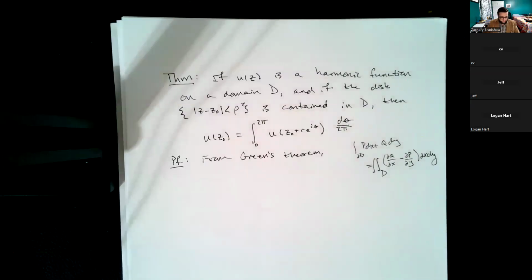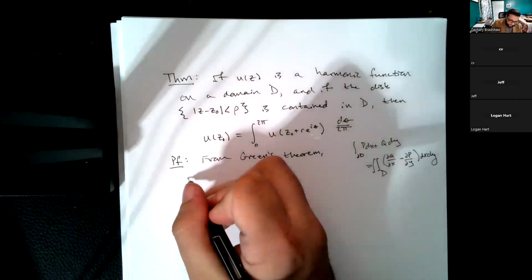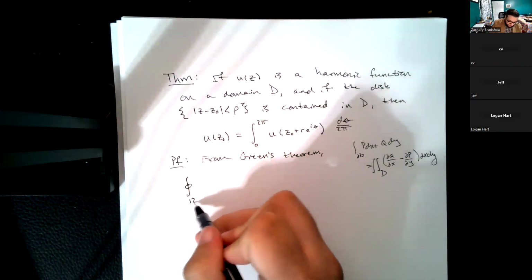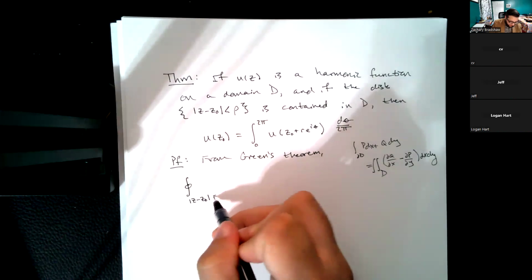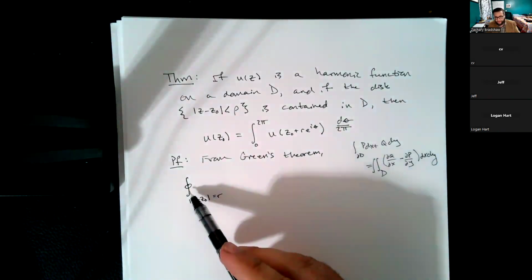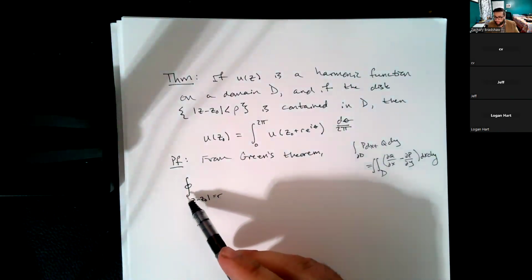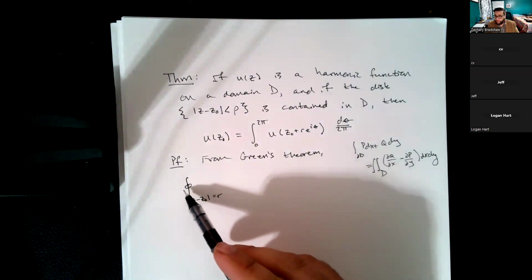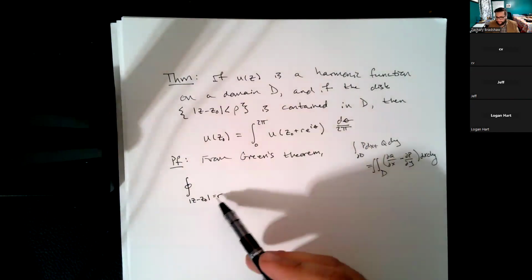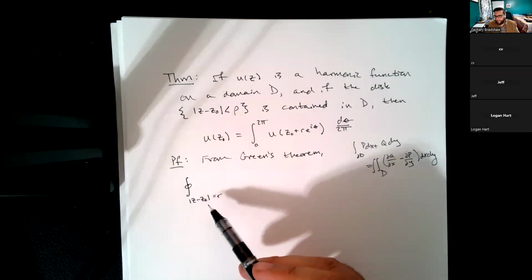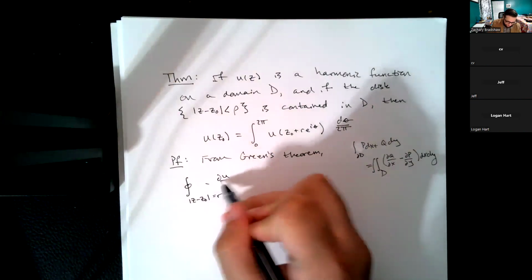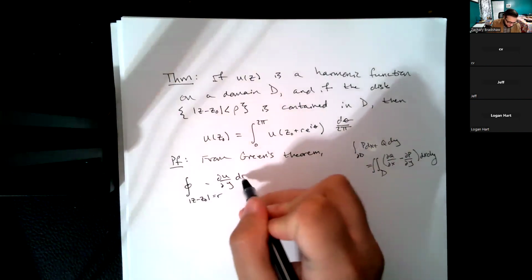So from Green's theorem, we have the integral along the circle. You'll see this notation sometimes for line integrals over closed curves. People put this little circle along the integral so you know it's a closed curve. It's clear when you put this circle down here, but it doesn't hurt to be redundant.